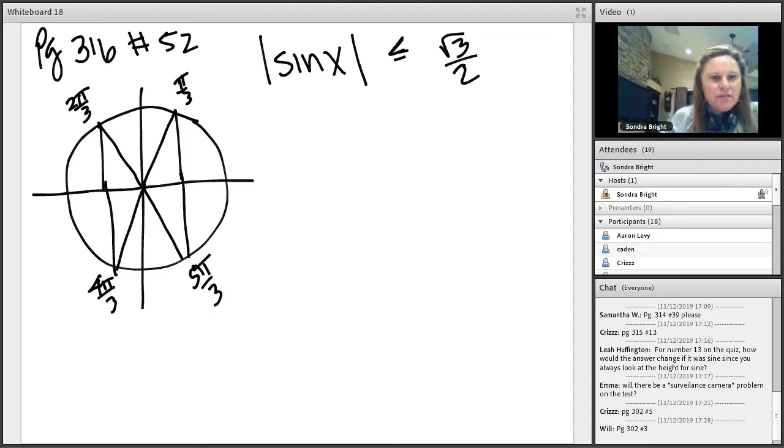They're going to be shorter because sine is the height of the triangle, right? So this guy's shorter, and so is that one, and so is that one. And in between here, pi over 3 and 2 pi over 3, the heights of the triangles are actually taller, right? If you drew the triangle, ooh, that's taller. Nope, we don't want that one.